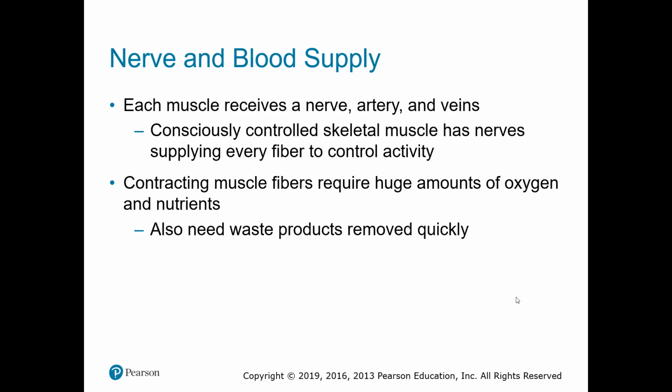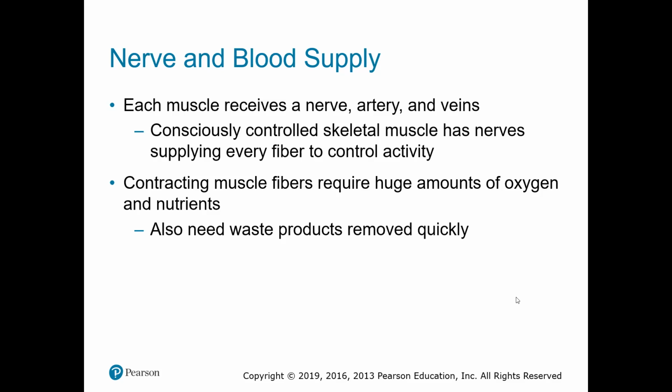A nerve is in contact with every cell. There's a connection to every cell with a nerve. So we can control a muscle down to the level of the individual muscle cells. So we have this remarkable control system in place here.